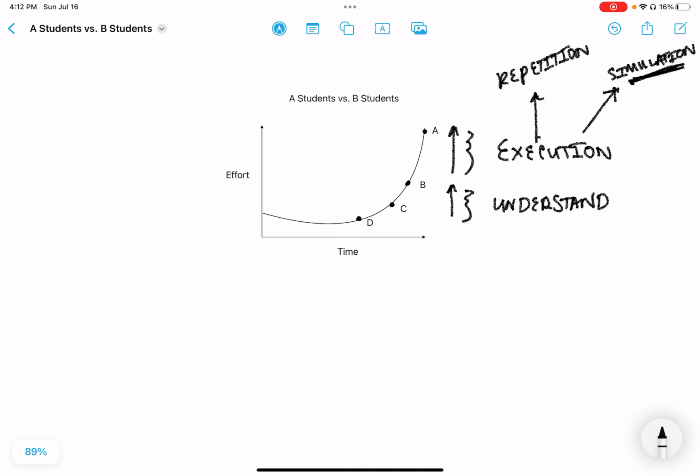Now, the analogy that I always give to students to try to understand this concept is that getting from a C or a D to a B is like being able to read music. You can read the notes on a page. But getting from a B to an A is as if you can play the violin.